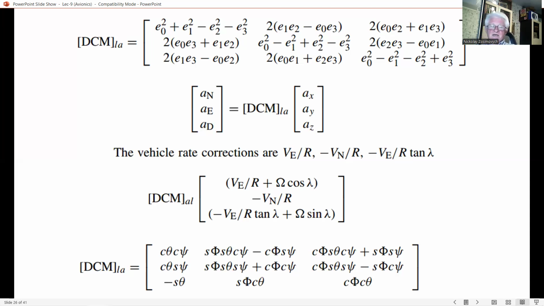Hence, the vehicle rate and Earth rate corrections about the aircraft XYZ axes are given by this expression.